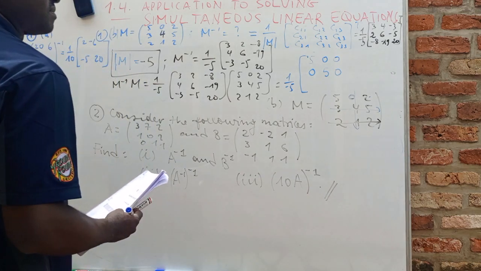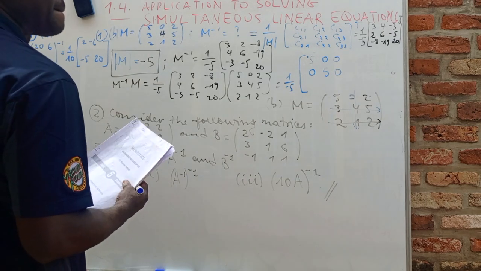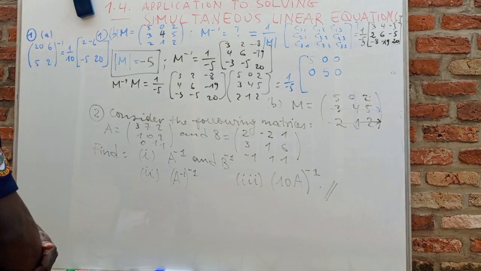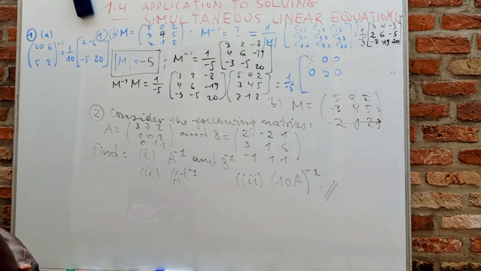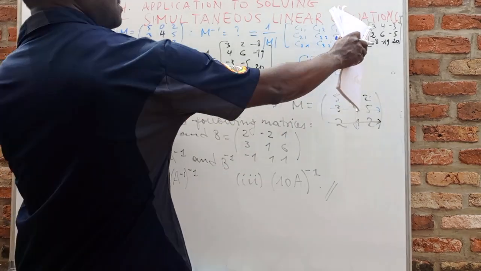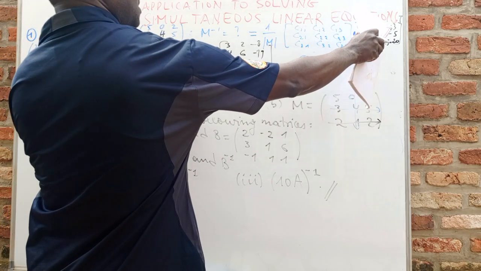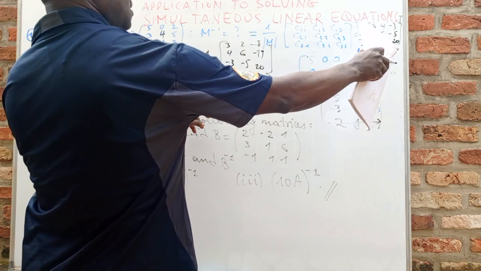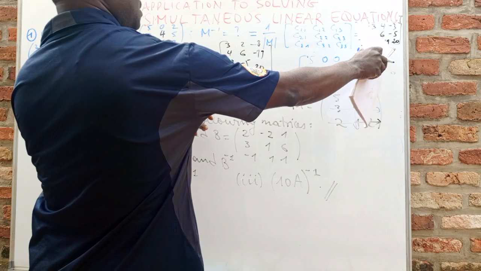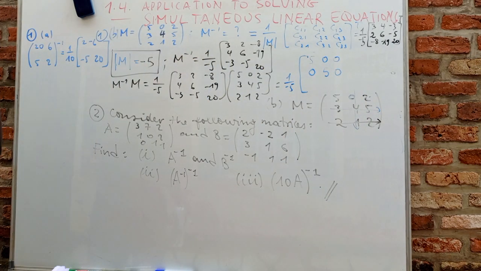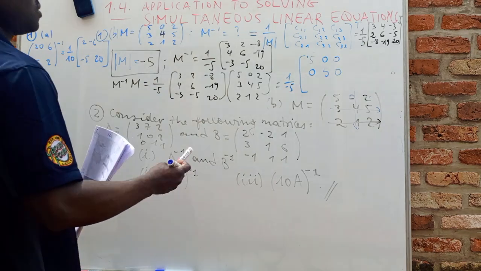Okay, so let me check what I have written if it is correct. So 3, 4, negative 3, 2, 6, negative 5, correct? Negative 8, negative 19, 20. So 20 was the last cofactor.